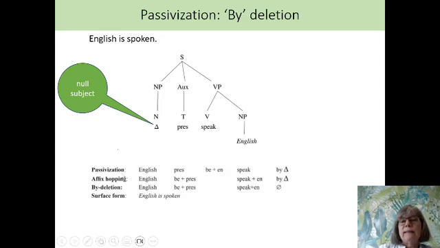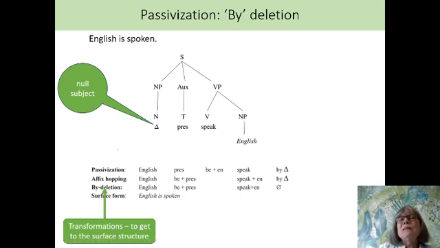And so then again, the same transformations apply. And we also add by deletion to get to our surface form. Okay. Again, it's not so much that you need to know how the theory creates these passive structures from the deep active structure.